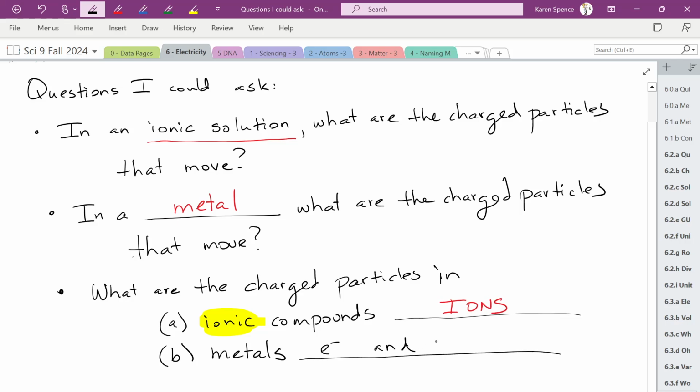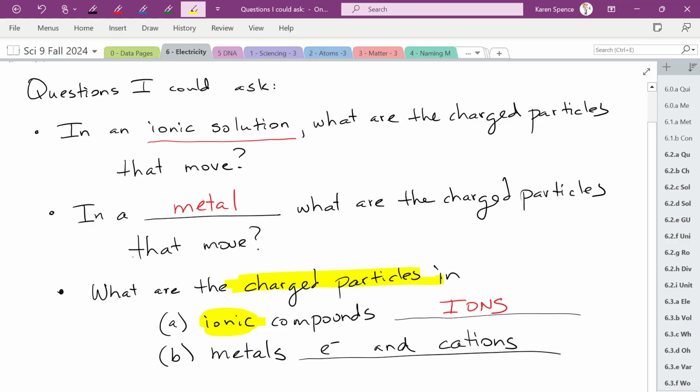Electrons and... Is there anything else in a metal? Cations. So now we know what those charged particles are.